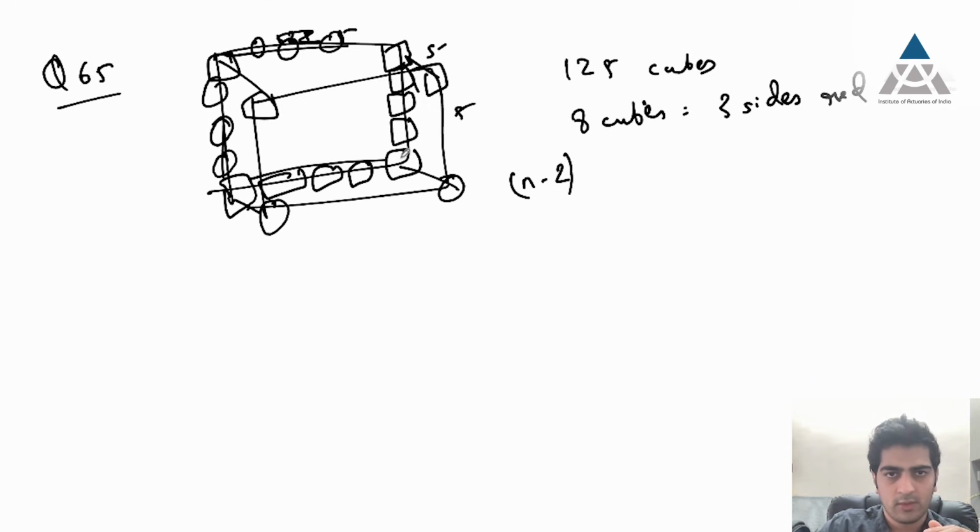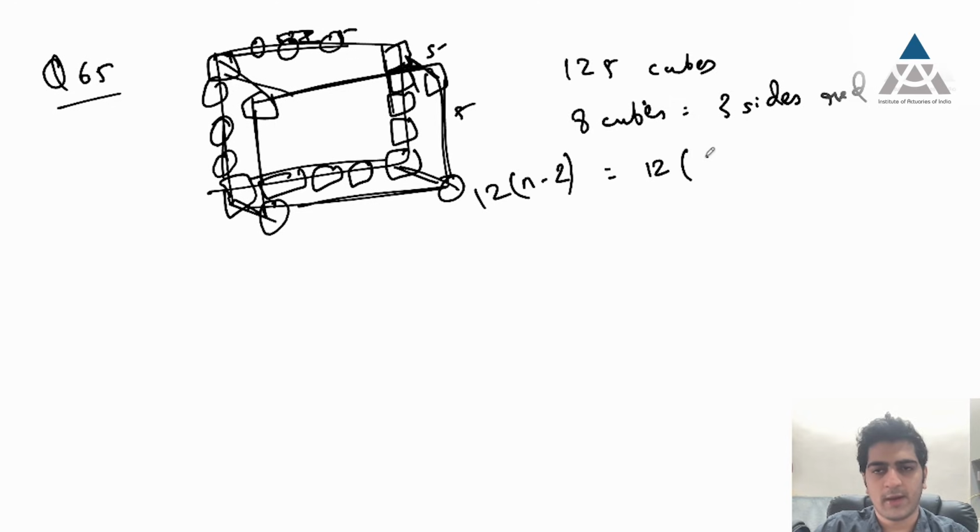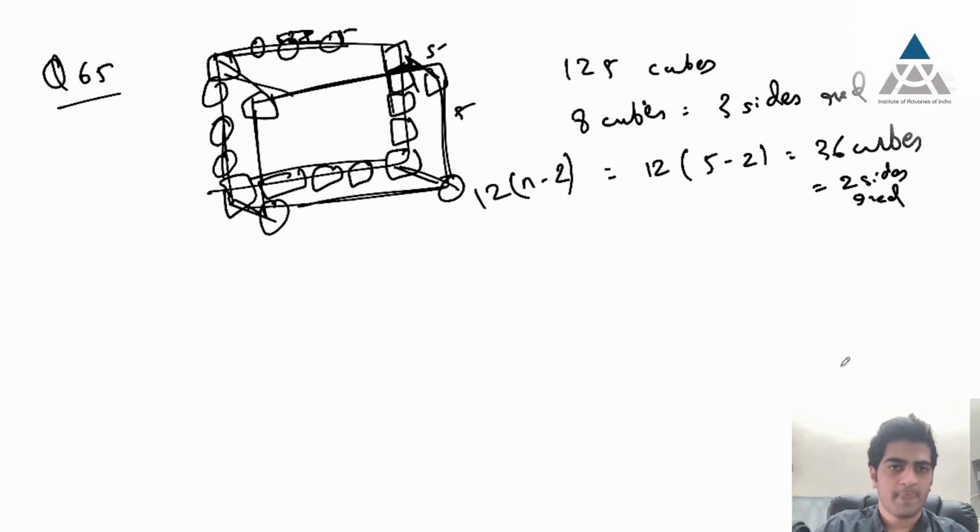So 1, 2, 3, 4, 5, 6, 7, 8, 9, 10, 11 and 12. So in fact the total number of cubes with 2 sides painted would be 12 into n minus 2, which in our case will be 12 into 5 minus 2, that is 36 cubes where you will have 2 sides red.